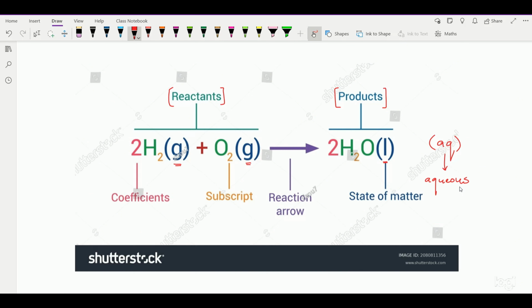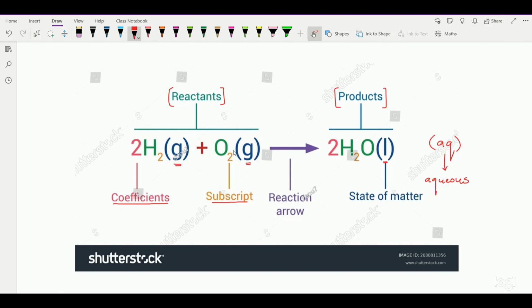Now, sometimes in certain chemical equations, you will notice that there are numbers found within the equation. These numbers can either be in the form of a subscript, or they can be right in front of the chemical itself, and these are called coefficients. The subscript describes the number of atoms that make up the chemical itself.